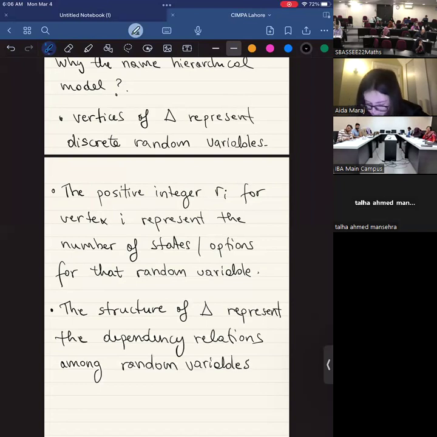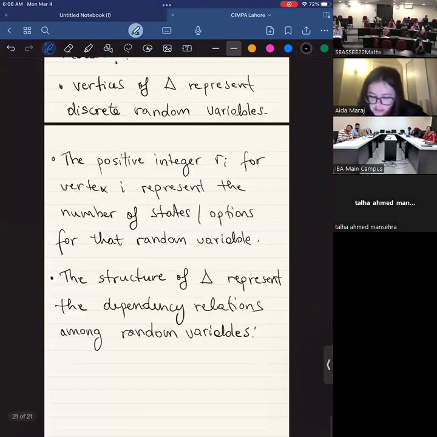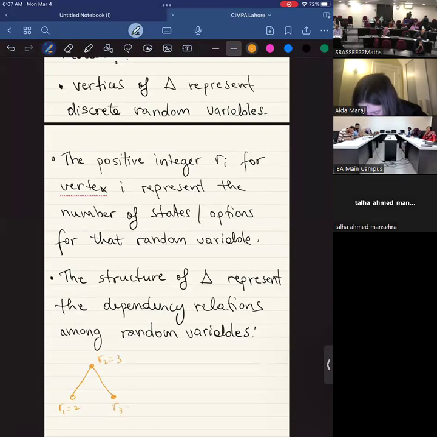So for example, in the example that I mentioned earlier, we had R1 equal to 2, R2 equal to 3, R3 equal to 2.